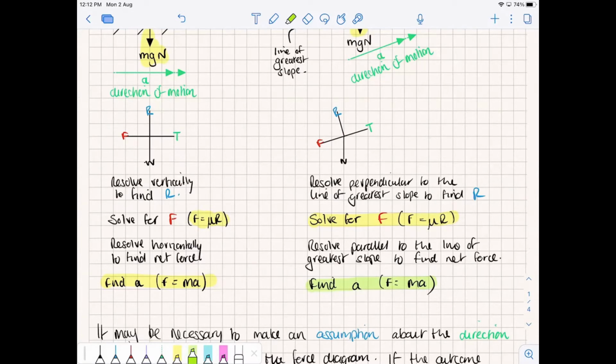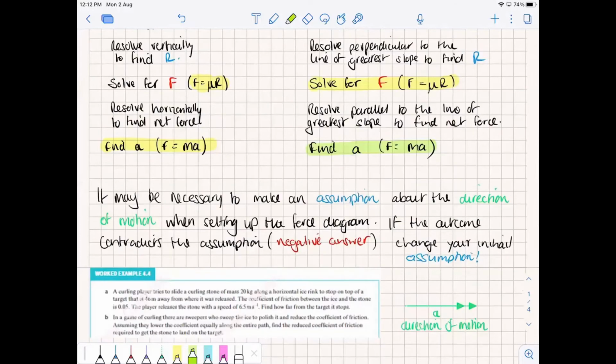Okay, so like I said, sometimes you need to make an assumption, right? They might not give you enough information to determine in which direction friction is going to act, right? So you need to make an assumption in which direction you think the object's going to go, in which direction the object's going to have friction.